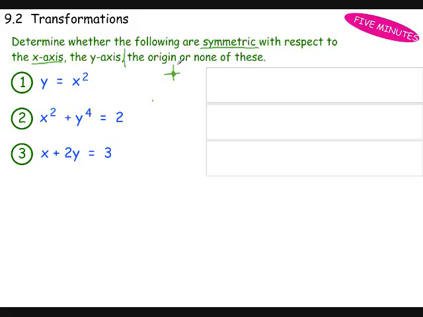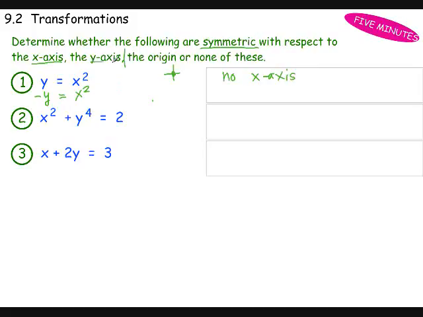What do we look for? We try putting in, for the x-axis, a negative y and see if it remains the same or an equivalent equation. So if I put in a negative y, as far as the x-axis goes, it's no, because there's no way that's going to be equivalent to where we started.